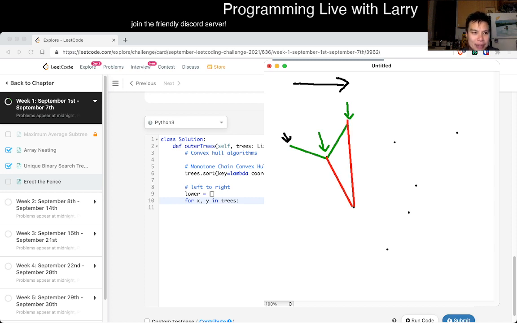So now we pop this one, and again we go to the next one, and if you think about it from that perspective, you can get lower, right? So now you get rid of this one as well, and the next one you go here, because now you have, or maybe you could just do a cross product where you can clearly see that the triangle has a positive area.